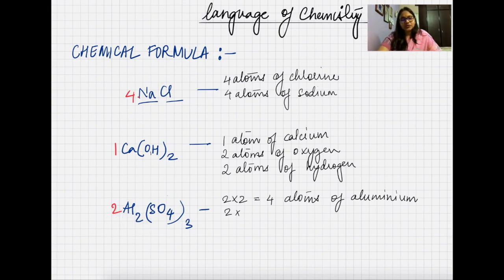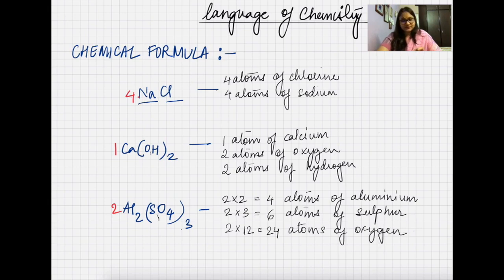So you've got 2 into 2, 4 atoms of aluminium, 2 into 3, 6 atoms of sulfur, and for oxygen, you're going to multiply 4 into 3 first. 4 into 3 is 12. Multiply 12 with 2, which is written in front of the molecule. So you've got 24 atoms of oxygen in aluminium sulfate.